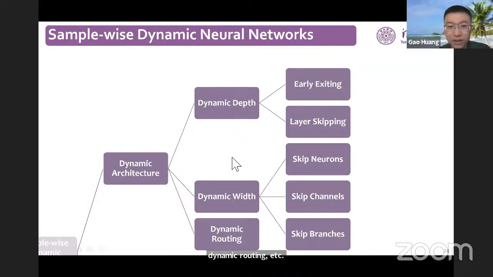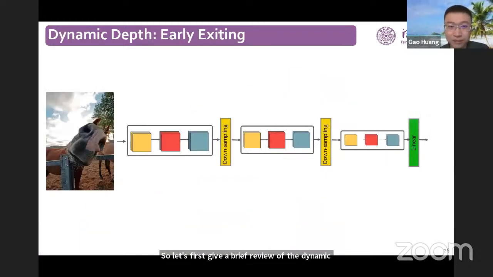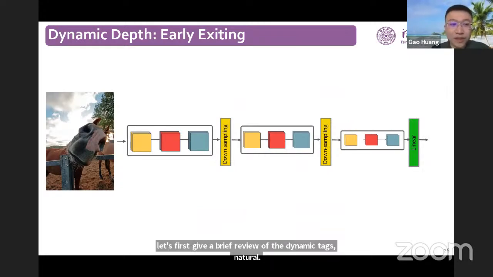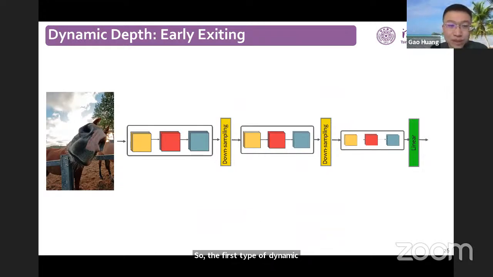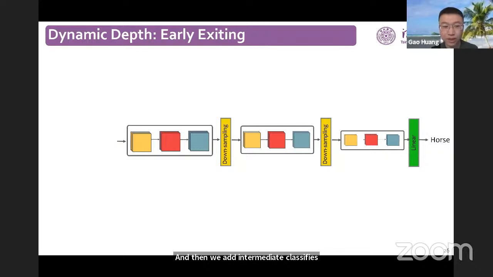So let's first give a brief review of the dynamic depth network. The first type of dynamic depth network uses the early exiting technique. The key idea is we first build a deep network, and then we add intermediate classifiers to the architecture.